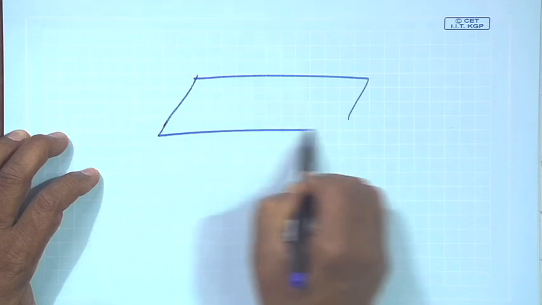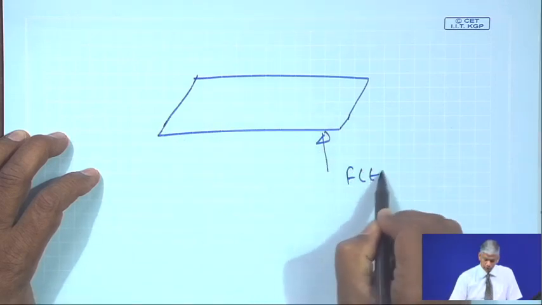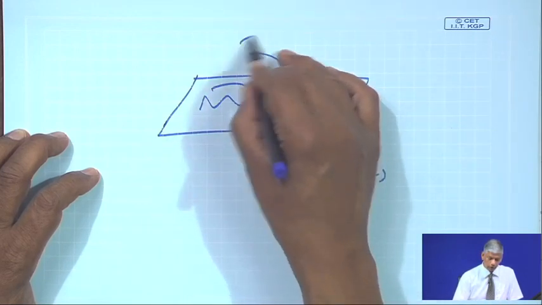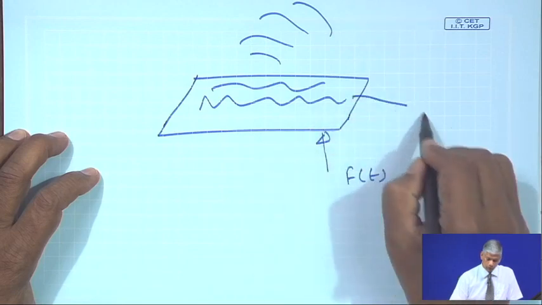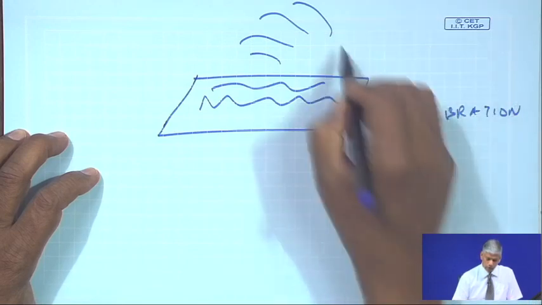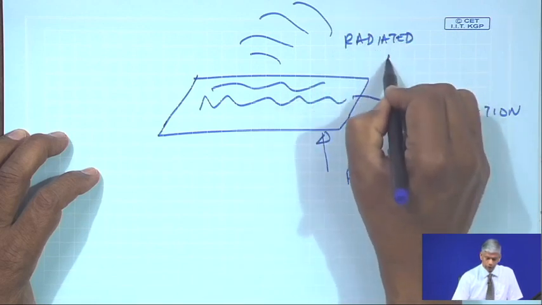I have a panel like a car body panel. If there is some force, there will be vibrations of the surface and this vibration is going to radiate noise. I am sure all of you would have experienced this.